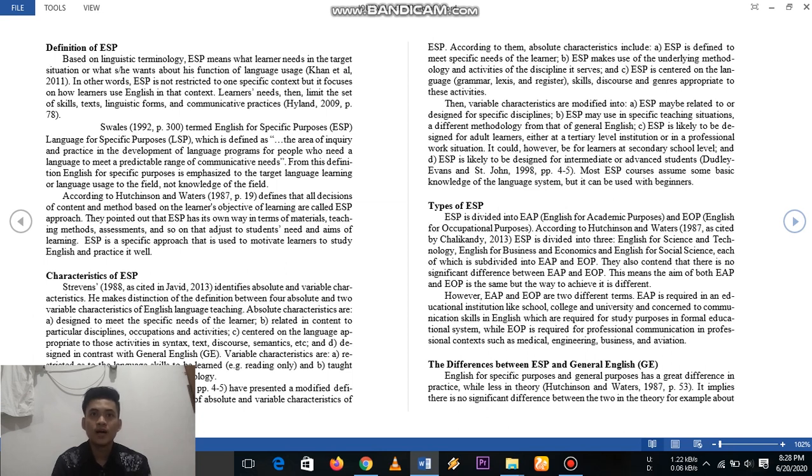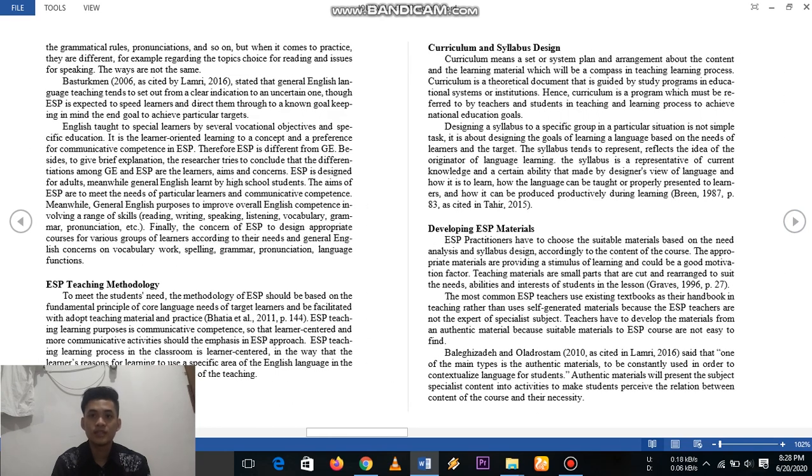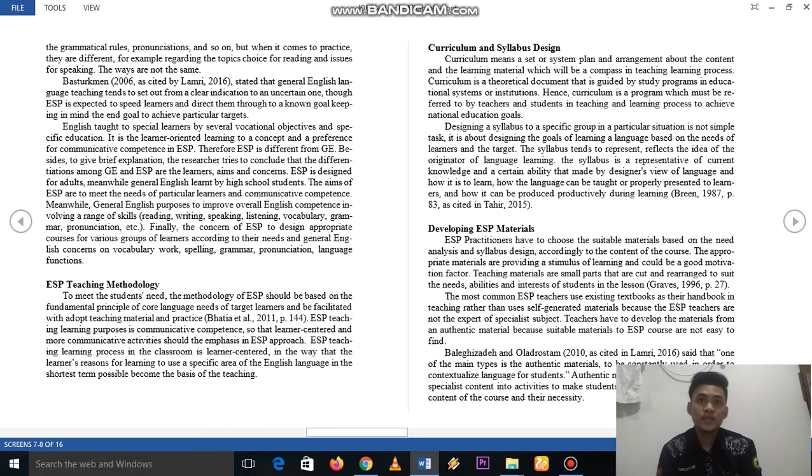In this part, the author says that ESP and GE are different, and the authors explain the differences between ESP and GE. Next part is ESP teaching methodology. In this part, the authors explain about the methodology of teachers in teaching ESP.